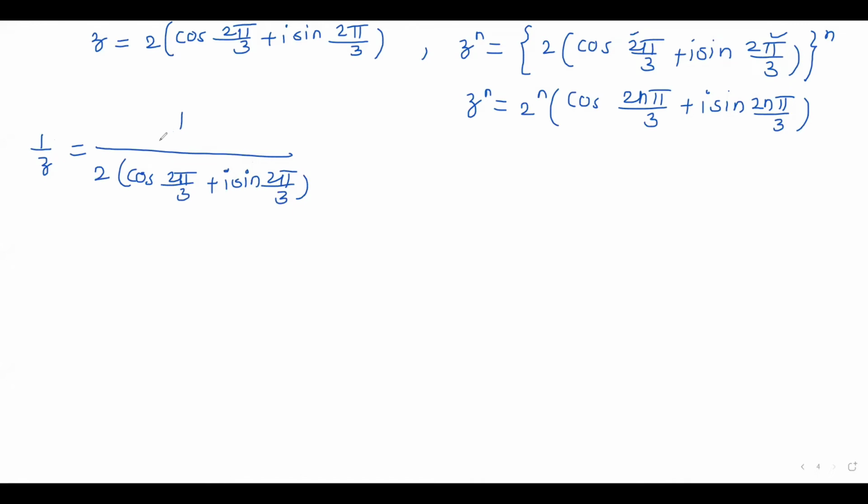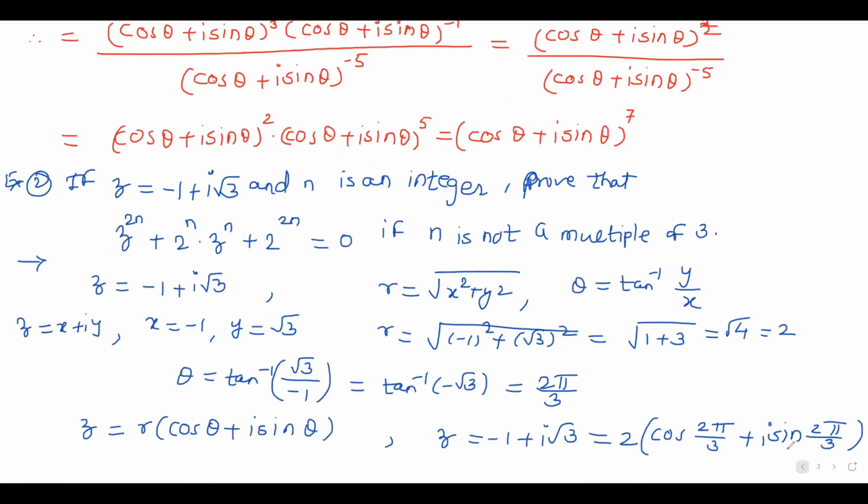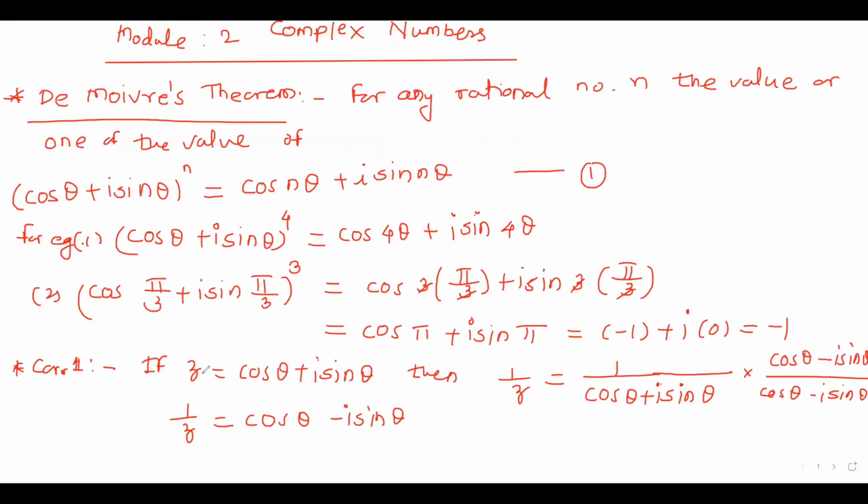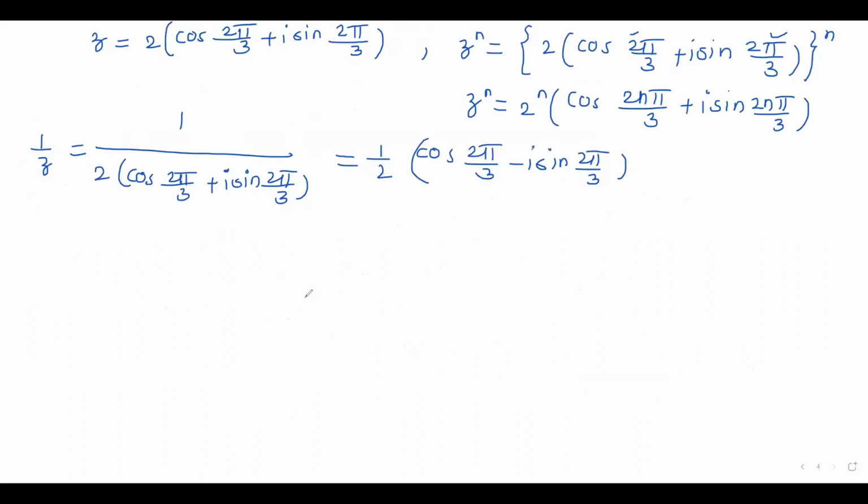But we all know that 1 upon 2 will be as it is, but this quantity after simplifying will become cos of 2 pi by 3 minus i into sine of 2 pi by 3 using this corollary. Which one? This one. Let me go back to here. You can see if z is cos theta plus i sin theta, 1 upon z is cos theta minus i sin theta. Is it clear?